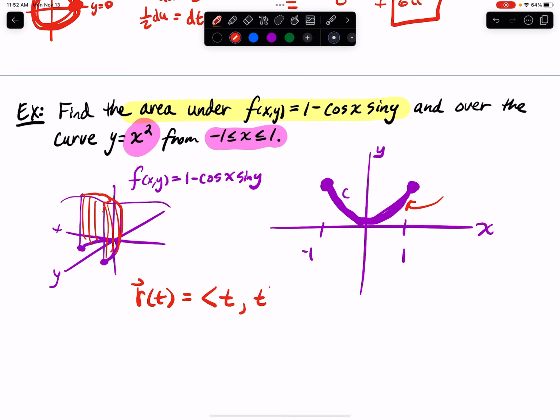Well, if I square t, I get y, because y equals x squared. Okay? So x is equal to t, which implies y equals x squared becomes y equals t squared. Okay, not too bad to parameterize, but this is only good for what values of t? For t between -1 and +1.